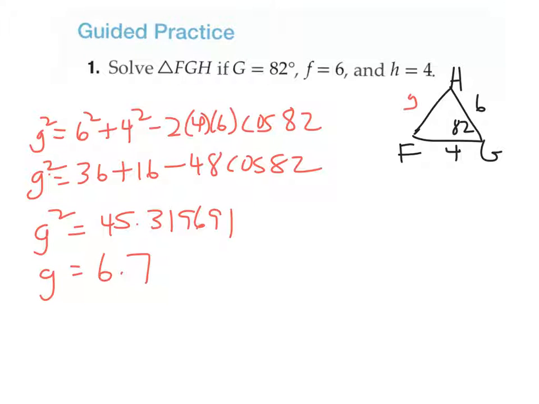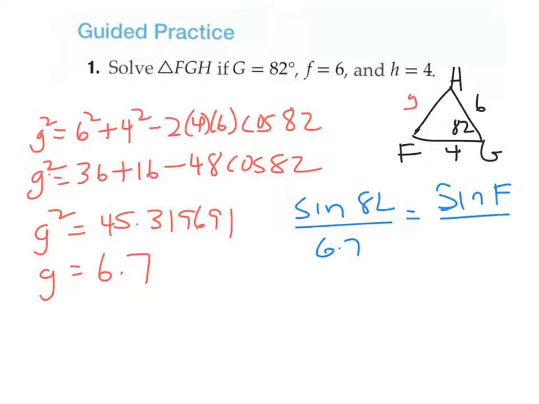So now we're going to do the law of sines. So sine of 82 over 6.7 equals sine of f over 6.